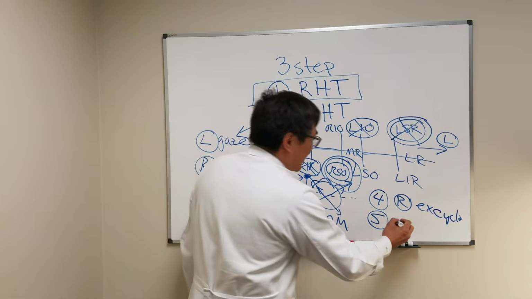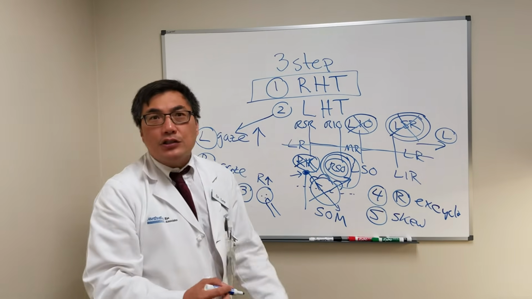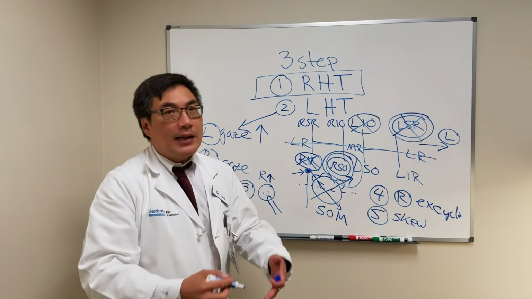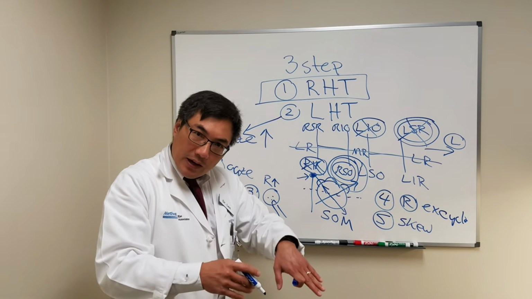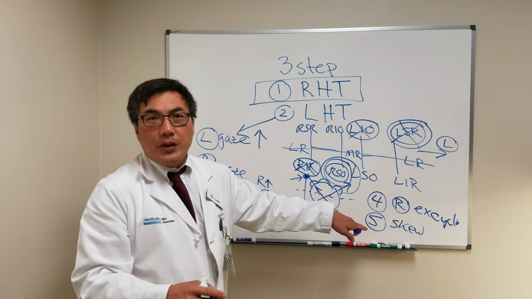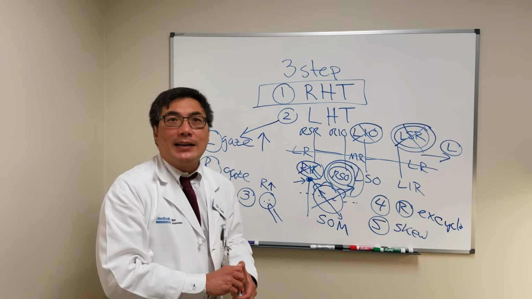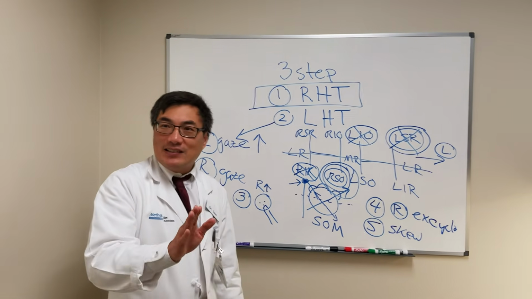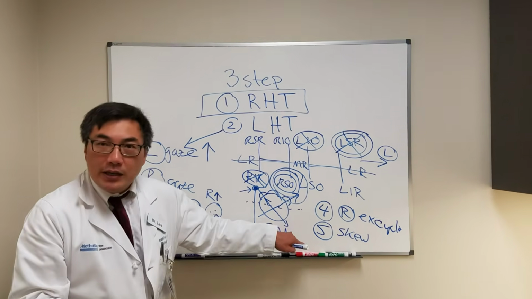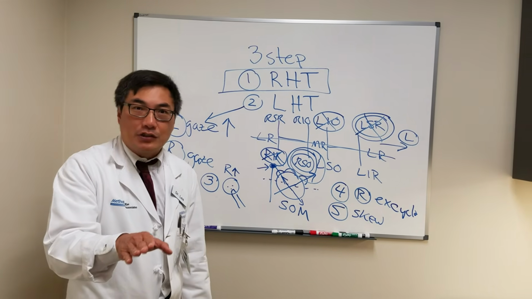So the fifth step of the test is to make sure that it's not skew by lying the patient down and rechecking the vertical deviation. If there's a change of the vertical deviation from lying down to sitting up, that also suggests it's skew, which is super important because most fourth nerve palsies are benign in isolation: congenital, ischemic, traumatic, idiopathic. But skew is almost never benign, and that means you have a posterior fossa lesion until proven otherwise.